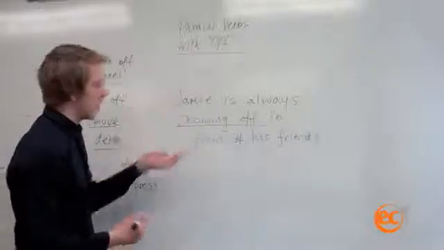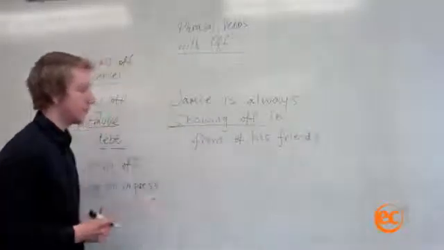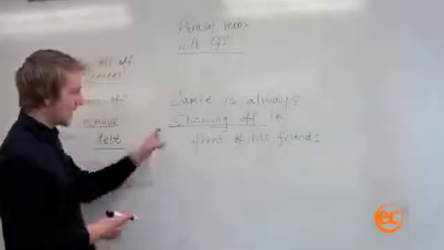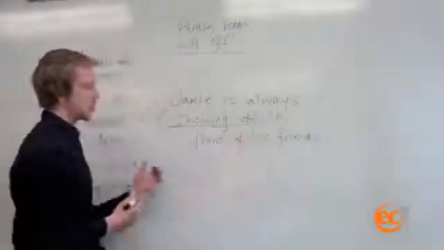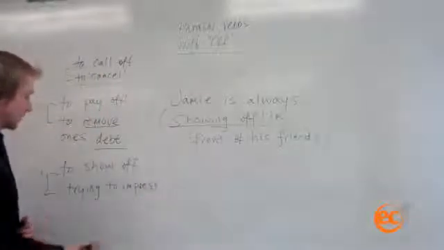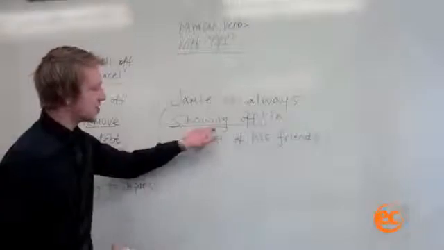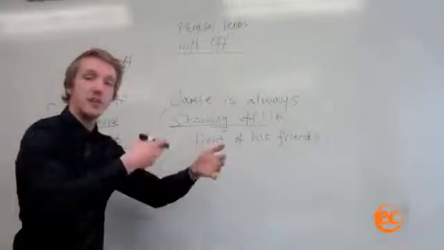Jamie is always showing off in front of his friends. You see this ing? So we've taken show off, we know that means trying to impress, and we've added this ing suffix. We've made it continuous.